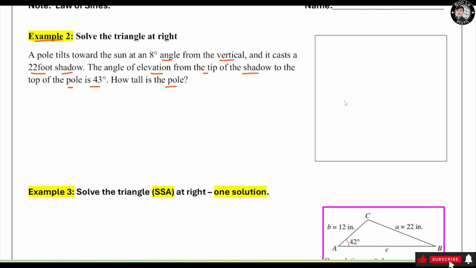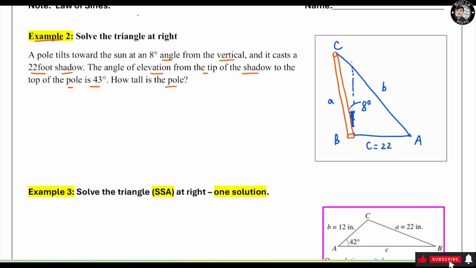Alright, so we're going to sketch this figure. The angle right here is 8 degrees. The 22-foot shadow is the side length of C, opposite to angle C. The angle of elevation from the tip of the shadow is right here. It's going to be 43.